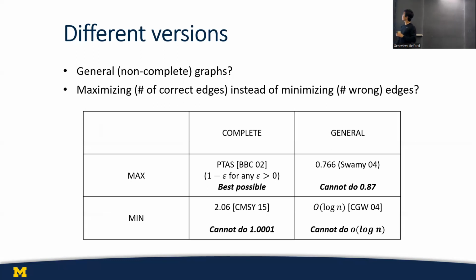But the reason that many people like this version more is that very soon after the original paper, people realized that the other versions are equivalent or very similar to problems that we already understand. For example, the min version in general graphs is equivalent to multicut.